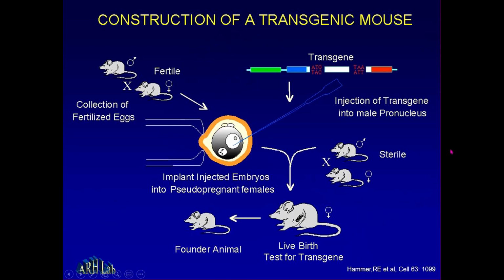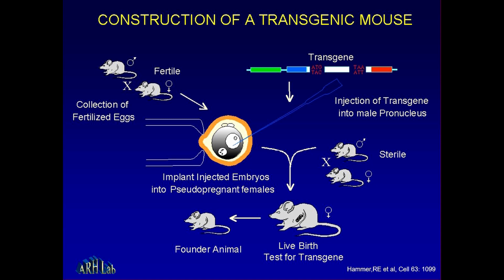Now, another compelling study to show the effect of HLA-B27 was the transgenic mouse, and this is a study done by Hammer and colleagues. Basically what they did was they took a mouse and they inserted an HLA-B27 gene into an embryo and watched to see what happened to the offspring, to the embryo that had the HLA-B27 gene.